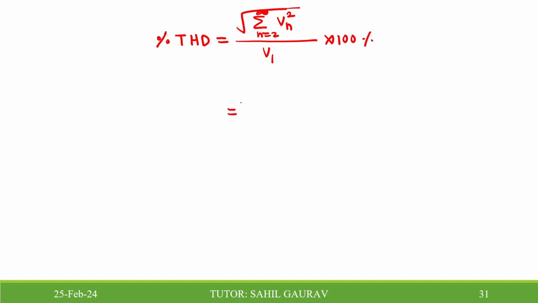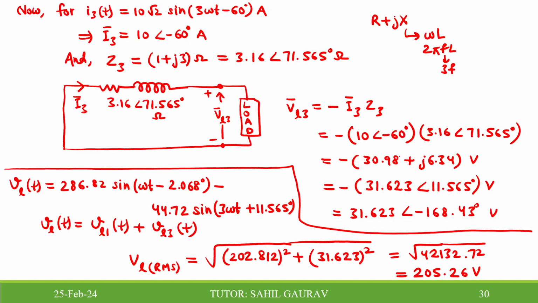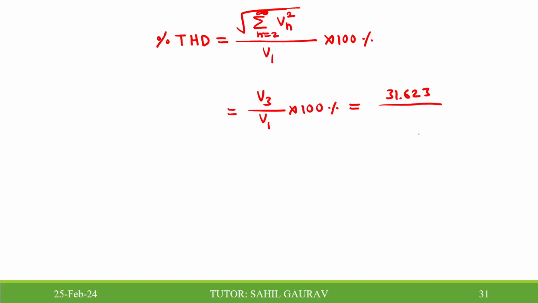Since here there is only one harmonic component, V3, the third harmonic component, the top will be V3 and the denominator will be V1. This V3 voltage we got as 31.623, and the fundamental we got 202.812, into 100.